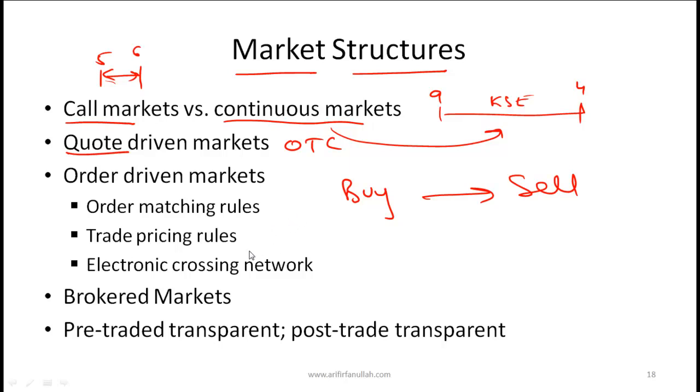Similarly, there will be trade price rules, and this term electronic crossing network or ECN refers to a situation where the buying and selling is happening electronically based on predefined rules. A quick elaboration on the trading price rule. So this simply refers to rules which are used to determine the exact trade price.